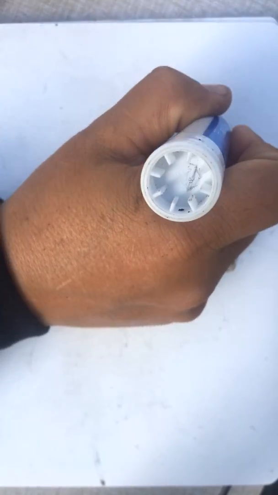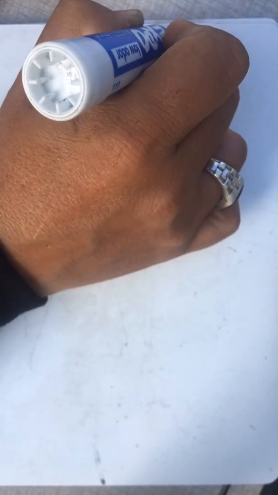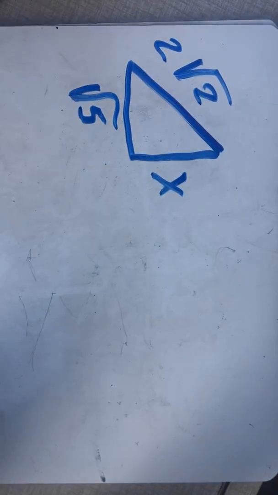Alright, so the first example, as you can see, let me make sure this is square here. Perfect. Okay, so our first example is nice and set up. It looks like this, where it's radical 2, radical 2, radical 5, radical x.